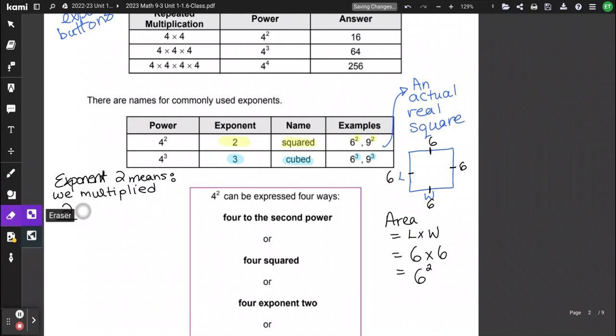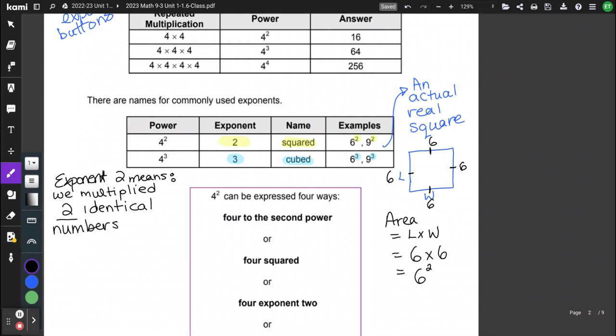We're going to say 2 identical numbers to get area of a square. And I'm just going to draw a square. Okay, so when exponent 2 actually means something in words to us, it means we multiplied two identical numbers to get the area. That would be my length times width. Make sure you're writing all these little cheats down that I'm writing in your notes. You got to have them written down.